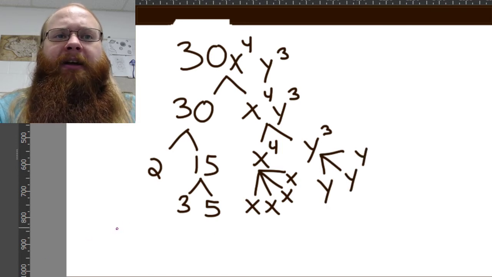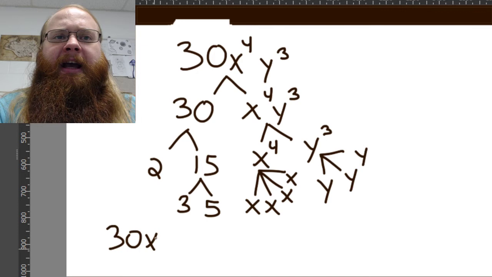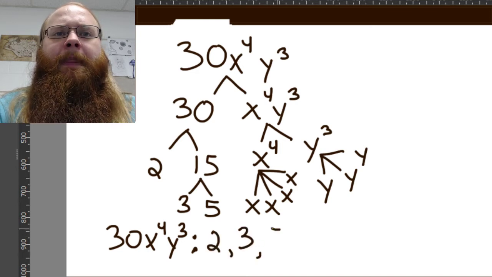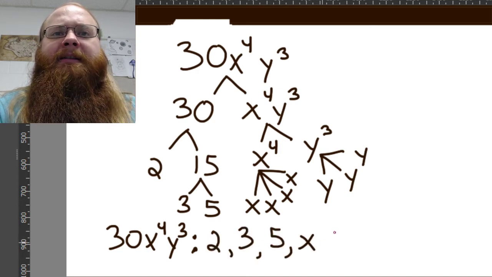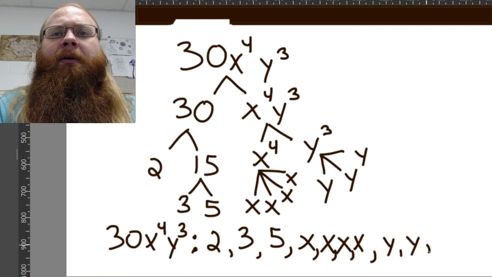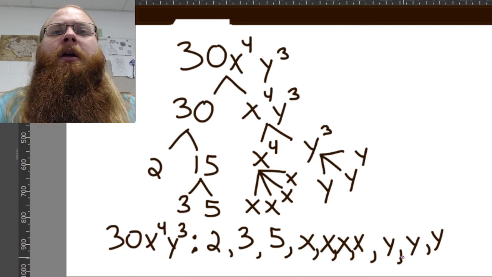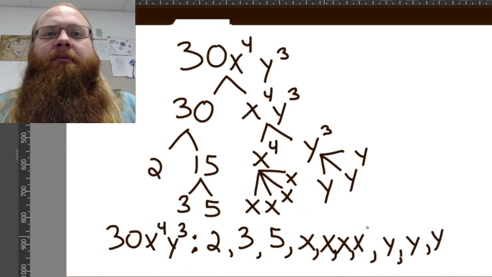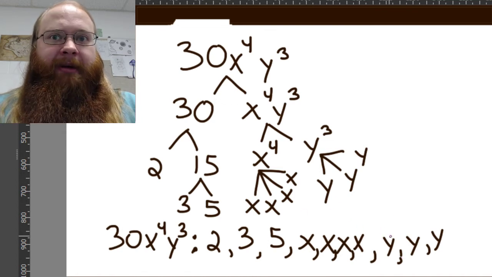So when we list our factors of 30x to the fourth y cubed, we're going to list this as 2, 3, 5, x, x, x, x, and y, y, y. We definitely want to make sure we list these variables because, again, this is going to come in handy in lesson 2.